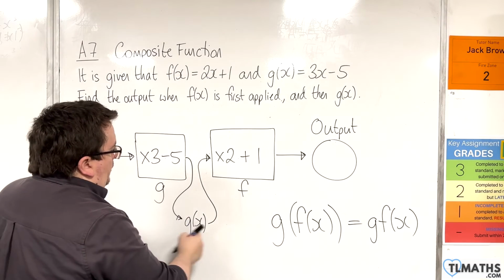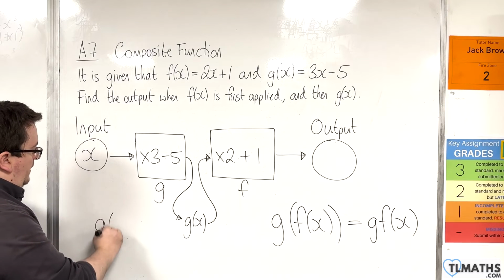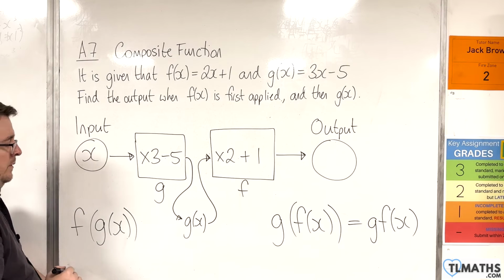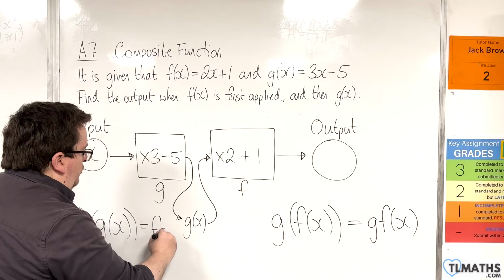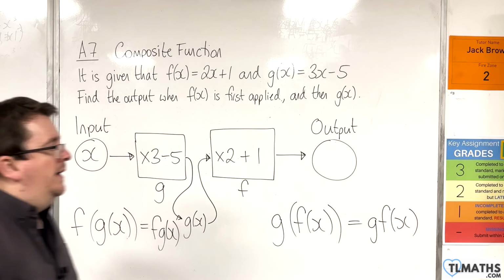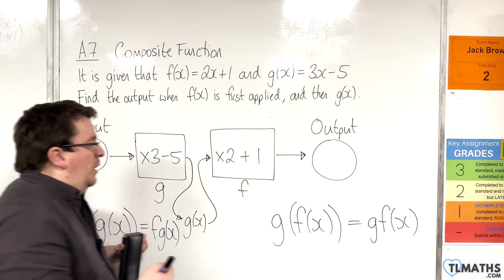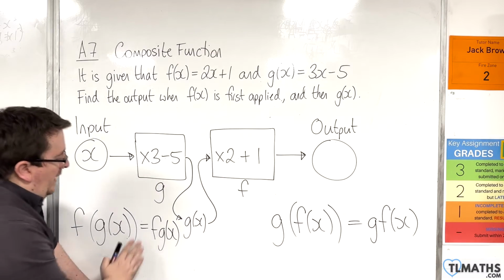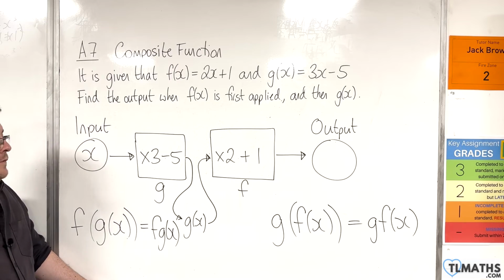So g of x is going into f, and we can ignore that outer bracket and write that as fg of x. So here we've got fg of x, and here we've got gf of x. The order goes do f first, then g, and in this case, do g first, then f.